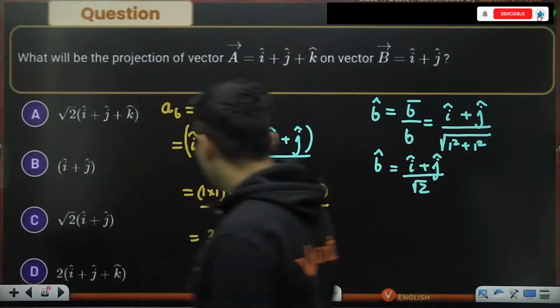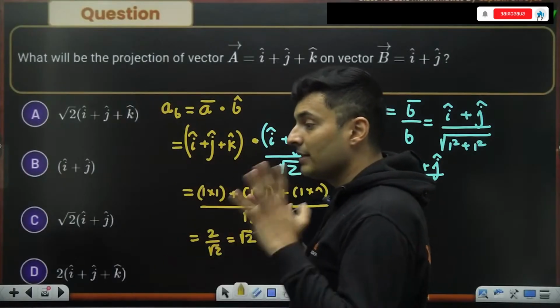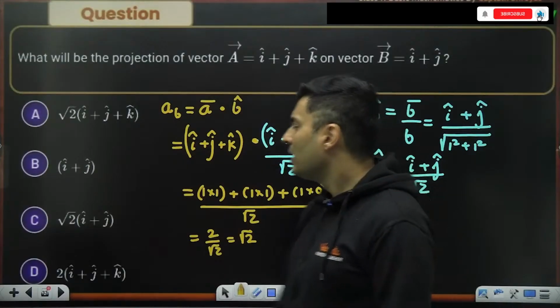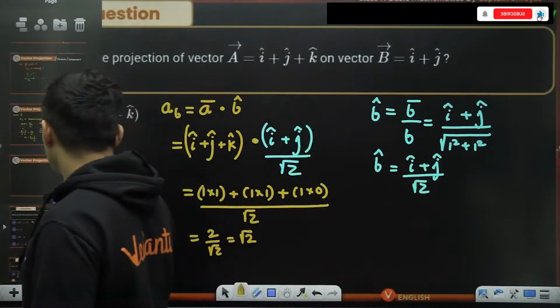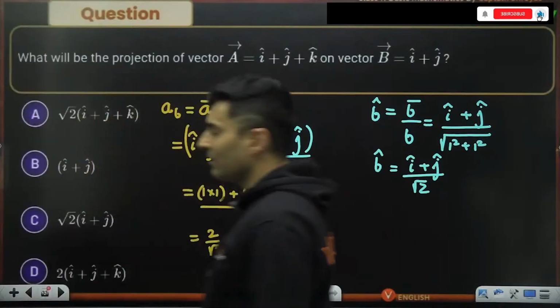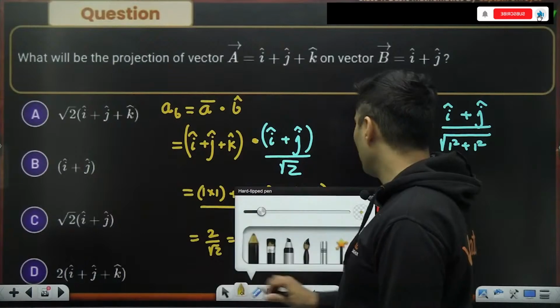But the problem is they have not just asked the length, they have asked the vector itself. If you are a little bit smart, you can quickly eliminate the options and see which of these vectors has magnitude of root 2.